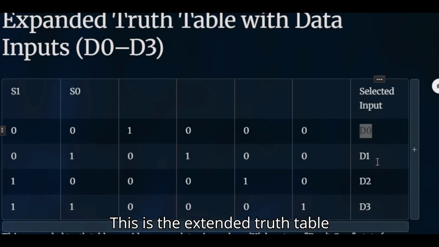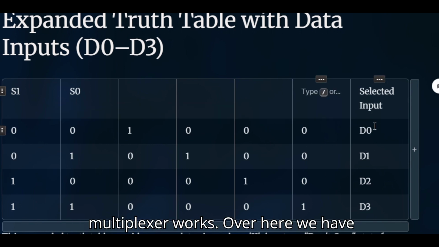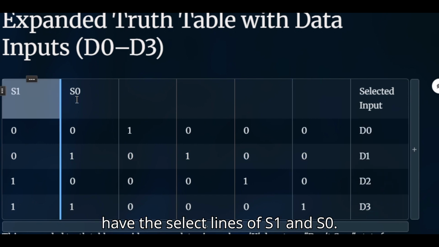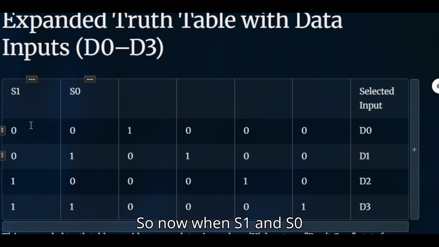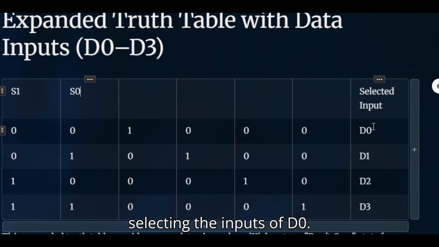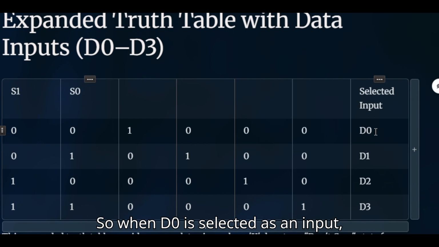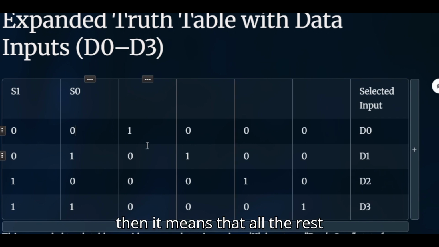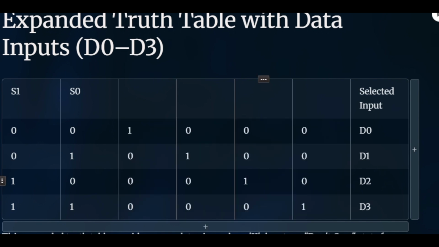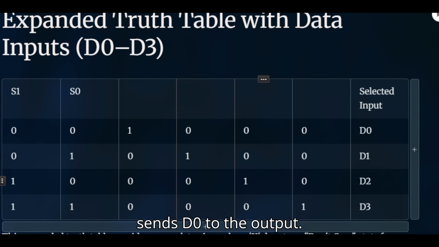This is the extended truth table, providing a complete view of how the 4 to 1 multiplexer works. Over here we have the inputs D0 to D3, and the select lines S1 and S0. When S1 and S0 are both 0, it means that we are selecting the input D0. When D0 is selected as an input, all the rest are 0, and the multiplexer sends D0 to the output.